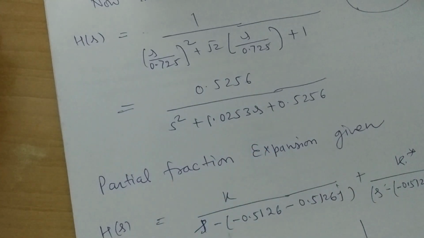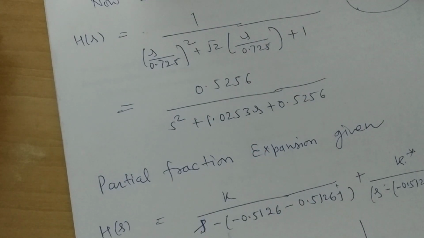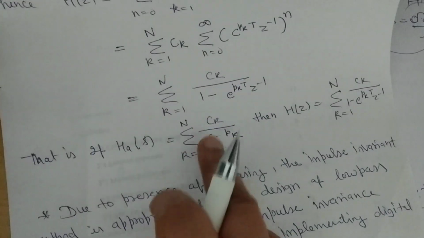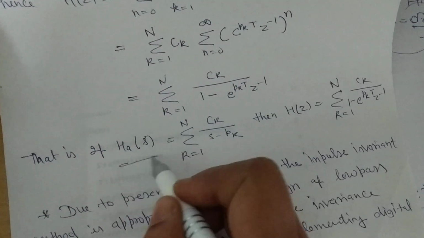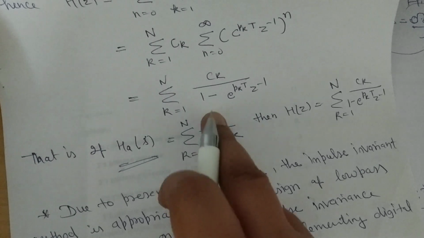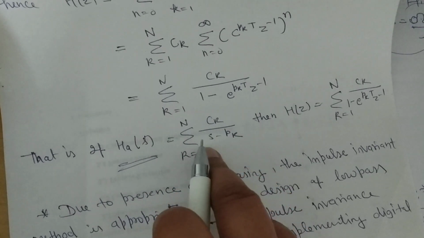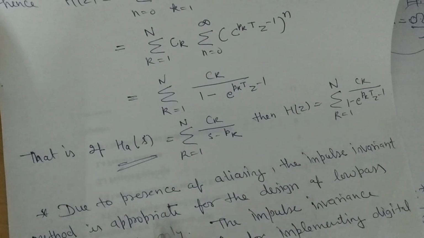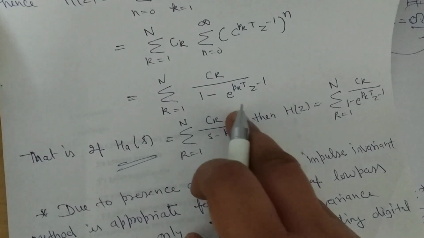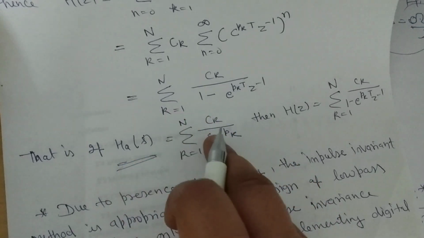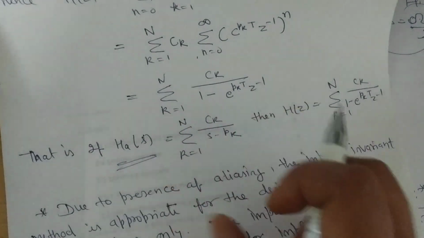Now as in the case of the impulse invariant method, we will go through the derivation of the formula, and I have already sent you the notes. In this derivation, finally you have to get the response in the form of individual pole terms, which means these are the roots of the equation, and the overall sum of such terms.